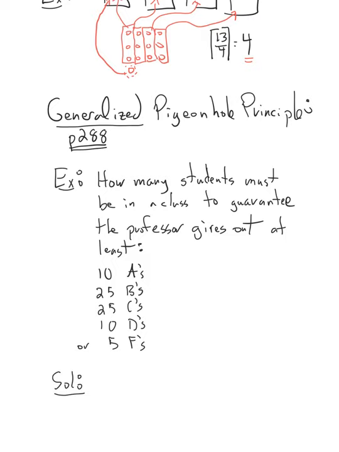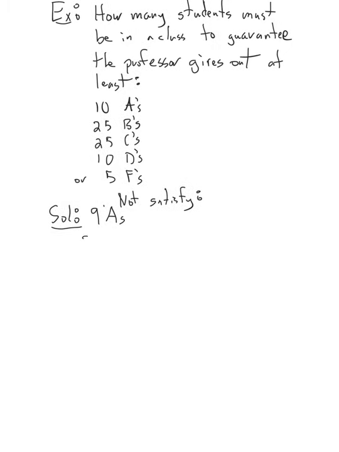So to not satisfy the condition, in the worst case scenario, we can have up to 9 A's, 24 B's, 24 C's, 9 D's, and 4 F's.